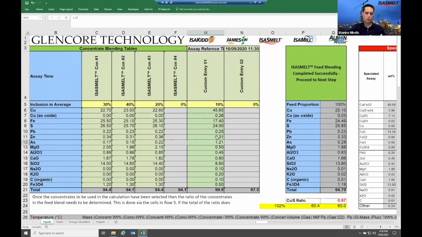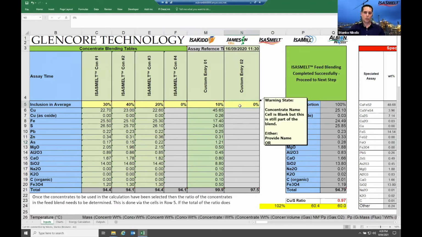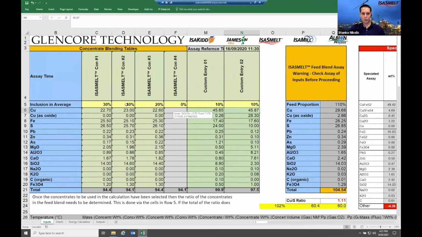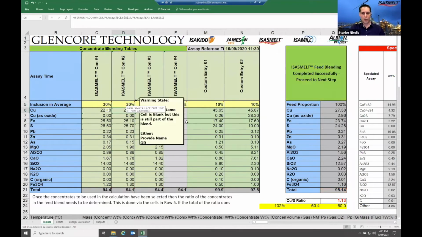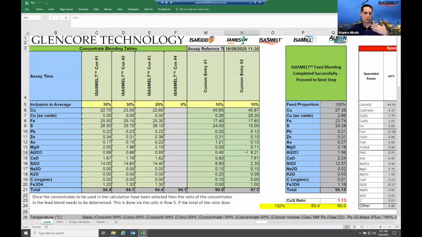So we then want to look at, is this something that's possible to be treated? We then look at what could be another possible high value concentrate for a copper smelter to be treating. Another one can be a concentrate that has high amounts of alumina, high amounts of magnesia, or high amounts of material that is going to affect the slag chemistry of the actual process itself.